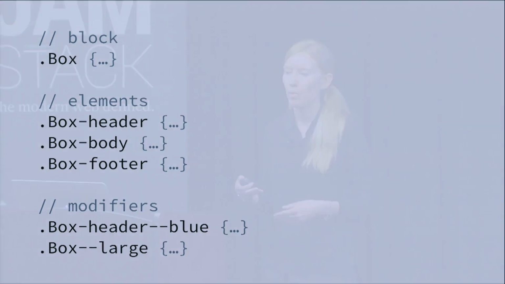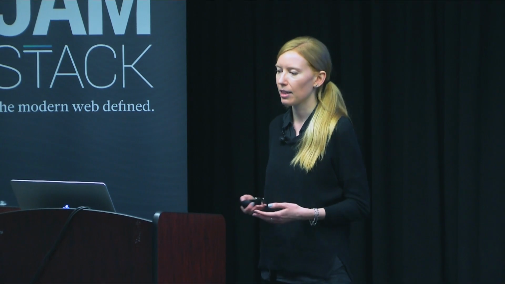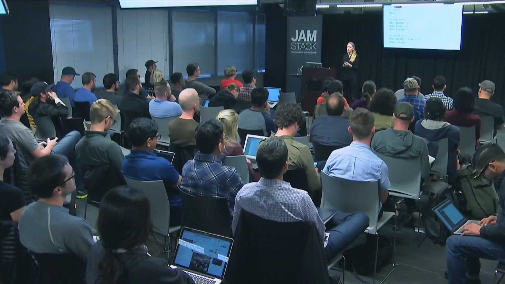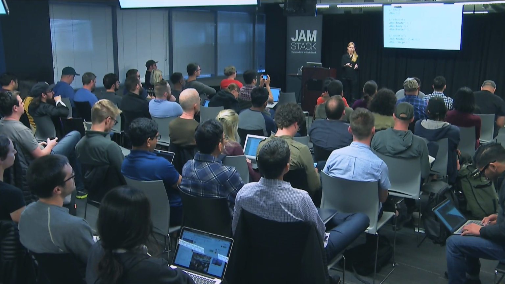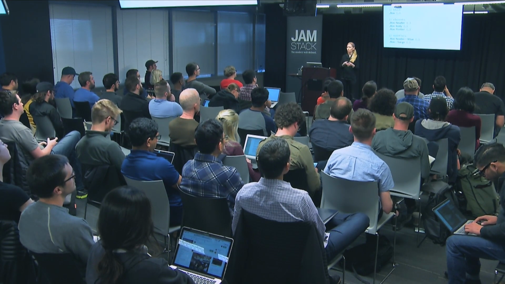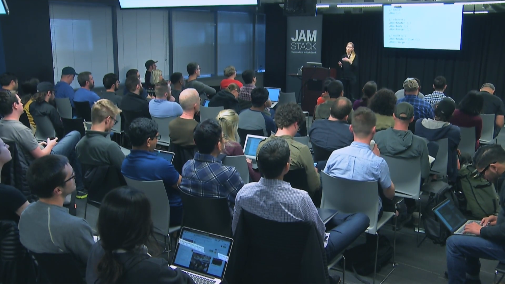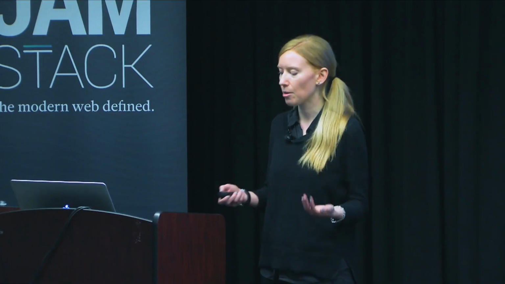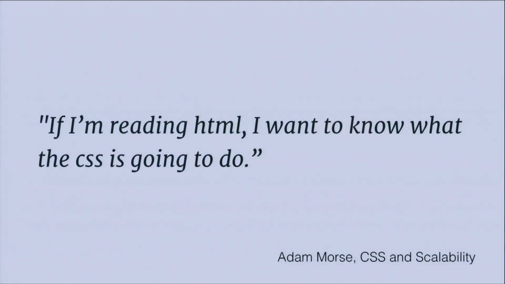And we used our own variation of BEM syntax so that it would help us with how we structured our styles, but also so that we could look at the markup and know this is a component that belongs to a collection of perhaps other styles, or whether this is a utility and it just does one thing. So it helps us to read the HTML and know what the CSS is doing.